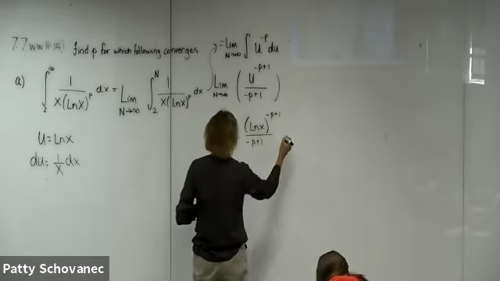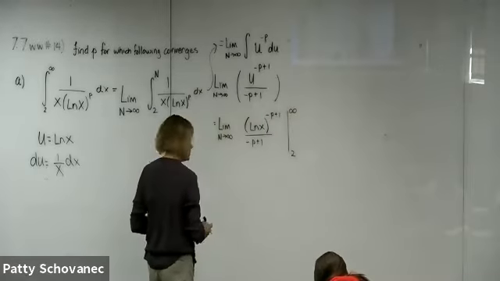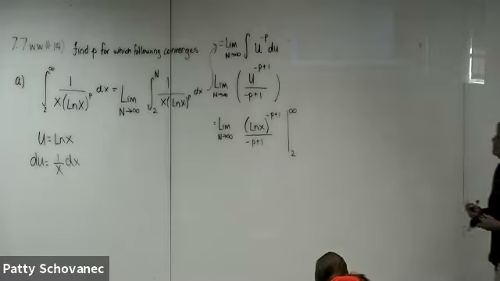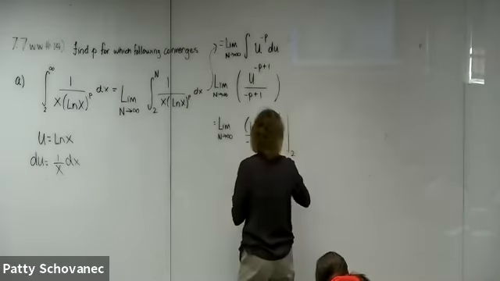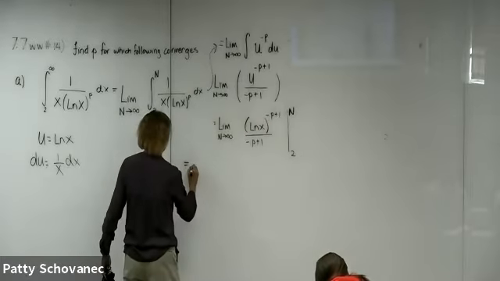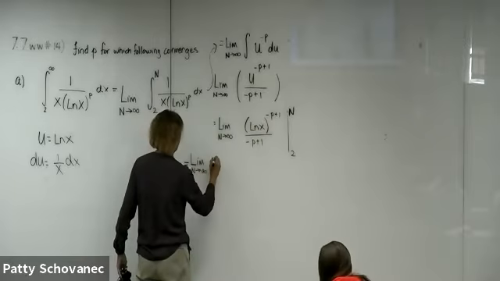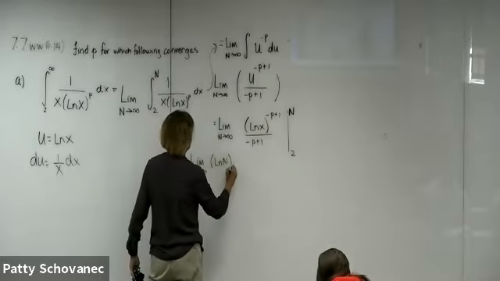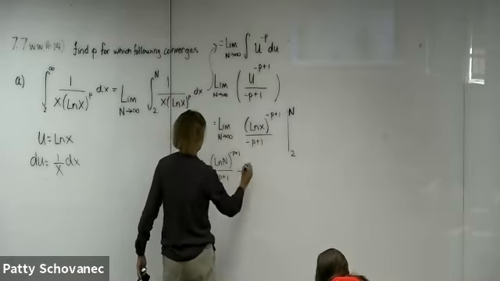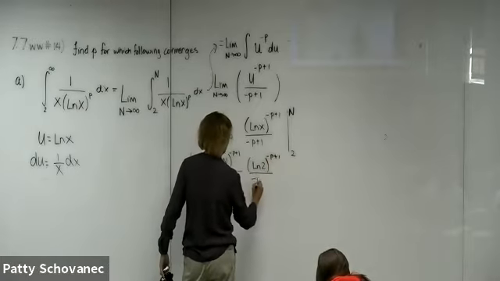We want to evaluate that from 2 to infinity, or 2 to n, and then we'll let n go to infinity. So we have the limit as n goes to infinity of the natural log of n to the minus p plus 1, minus the natural log of 2 to the minus p plus 1, over minus p plus 1.